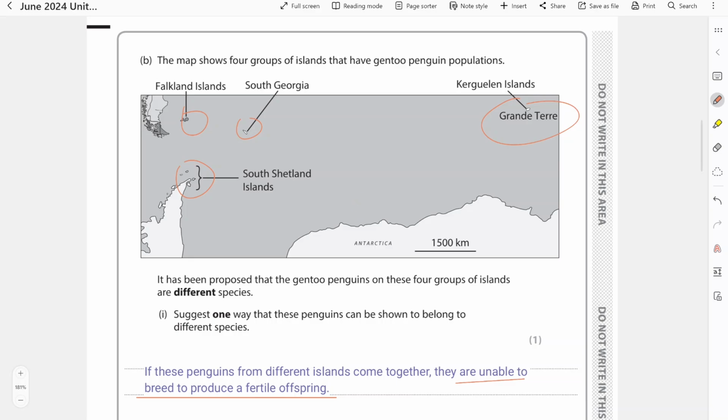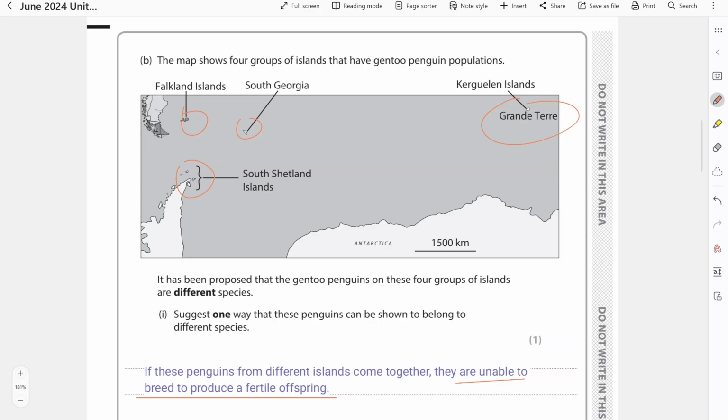And therefore, within their islands, they experience different environments or different selection pressures. So perhaps one island has different food that's available, or another island has different predators that are there. And so in these individual islands, they would undergo what we call differential selection, meaning that they all undergo different selection pressures.